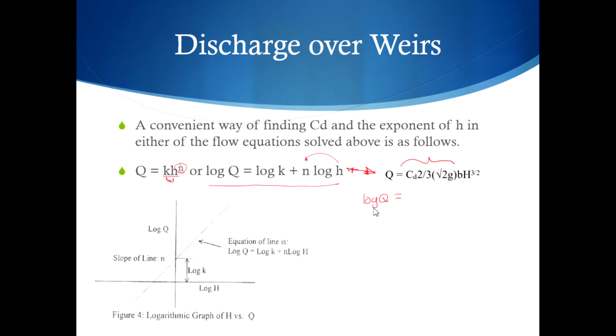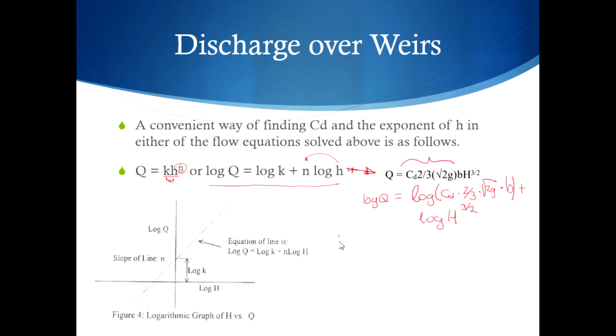So we can do log Q, and we can consider as one this term. So we can also do log of CD multiplied by 2/3 multiplied by square root of 2g multiplied by b, plus log h to the power of 3/2.